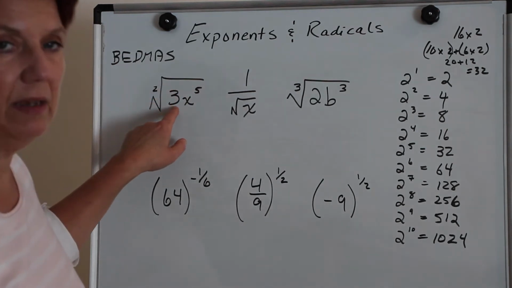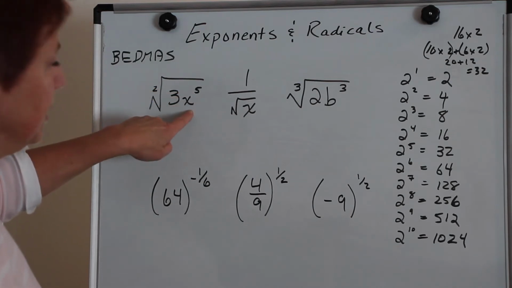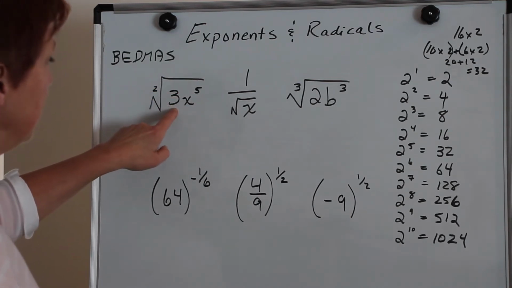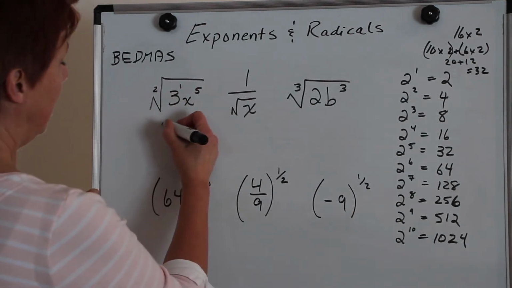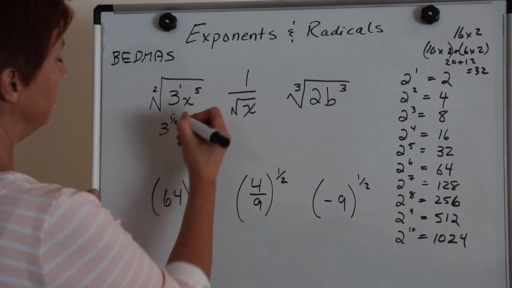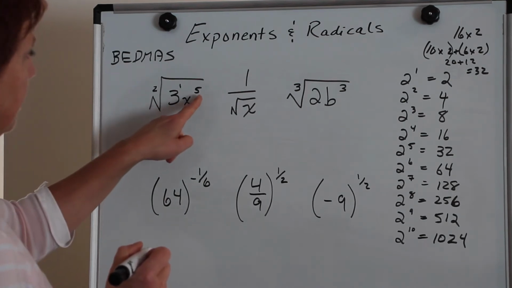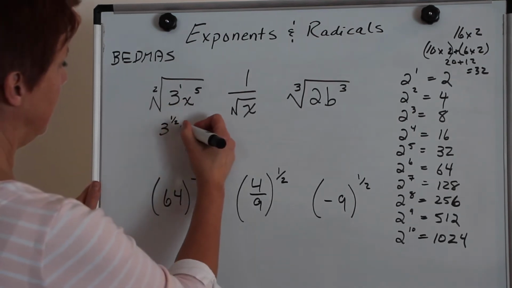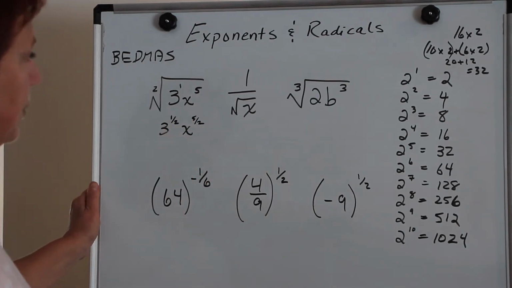Well, the 3 is only being raised by 1. It's not being raised by that 5, only the x is. So this 3 has an invisible 1 exponent, and that means it is to the exponent of 1 over 2. And then this x is being raised by the 5, which means it has an exponent of 5 over 2.